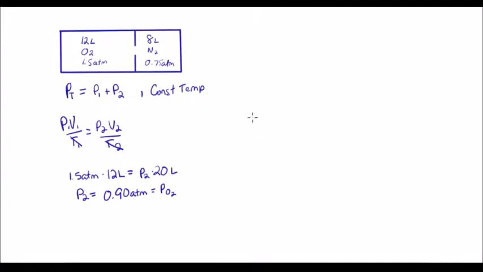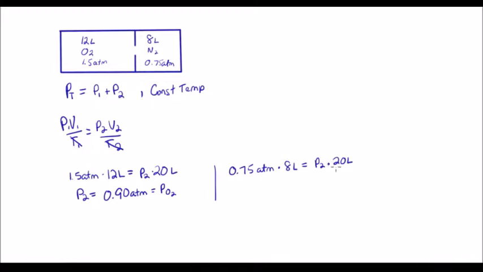Now at the same time, I can also do the same thing for my nitrogen gas. It's starting out at 0.75 atmospheres. And of course it was originally in 8 liters. But then, we don't know P2, but then we opened it up, so now it has a grand total of 20 liters available to move.